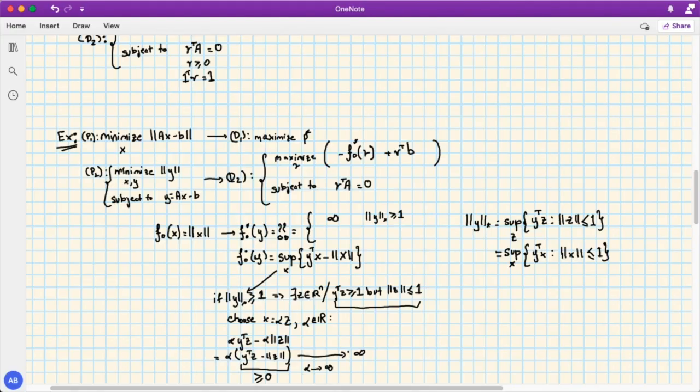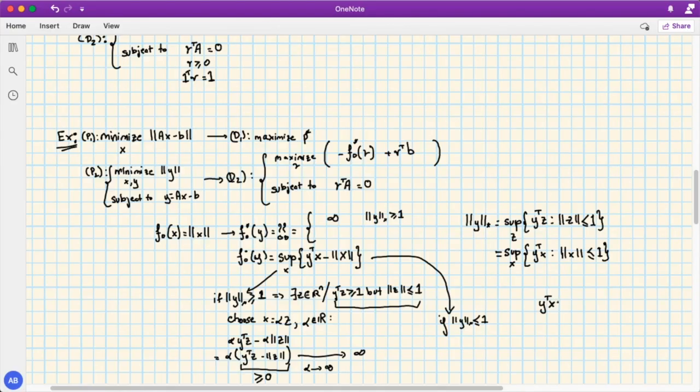Now, in the other case where the dual norm is less than 1, there is a trick that we're going to use here. We're going to rewrite the dual norm in a different way. That is the y transpose x. Be careful, when I say that the dual norm is less than 1, it doesn't mean that y transpose x is in general less than 1.